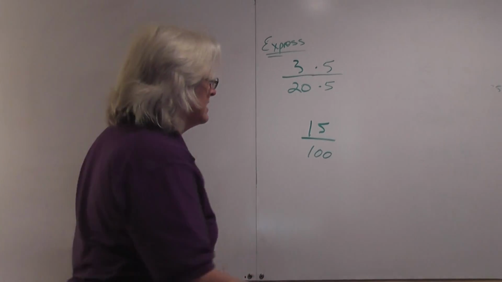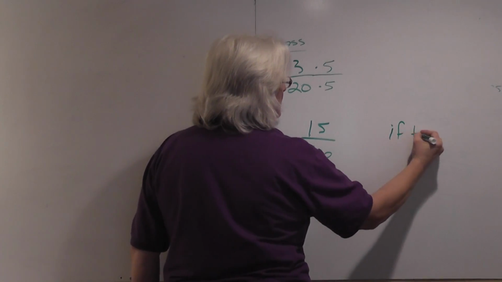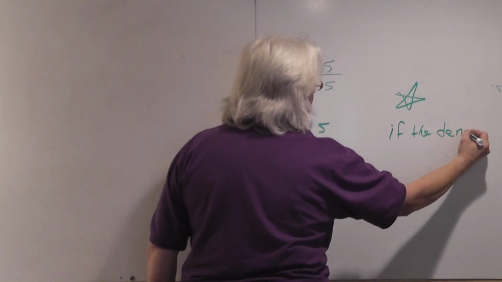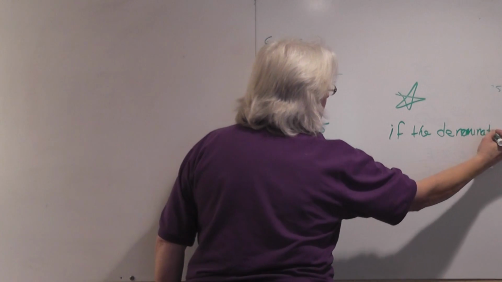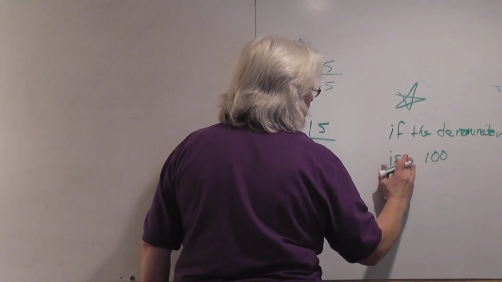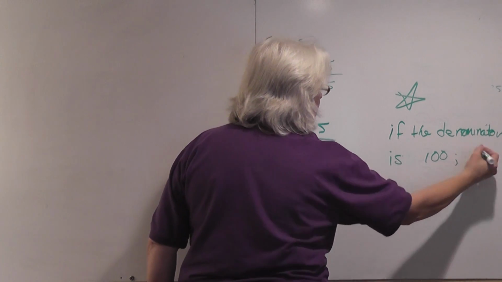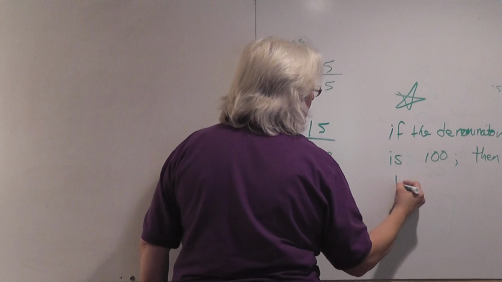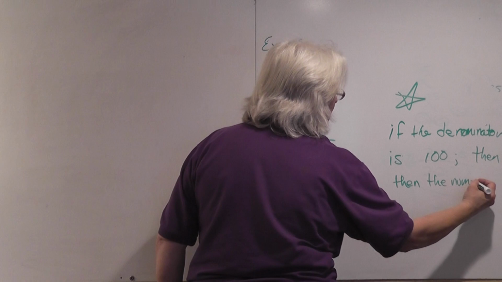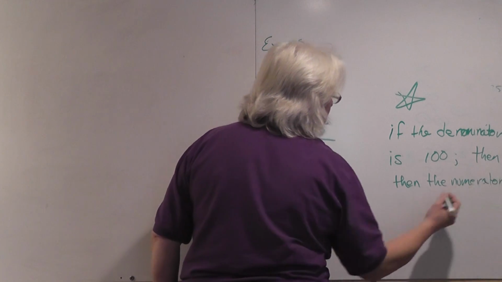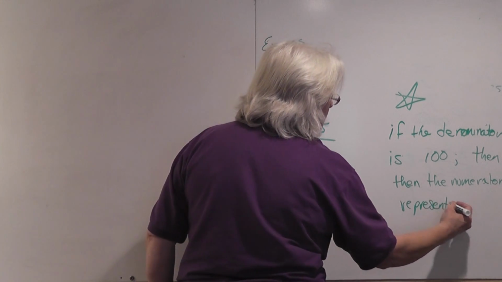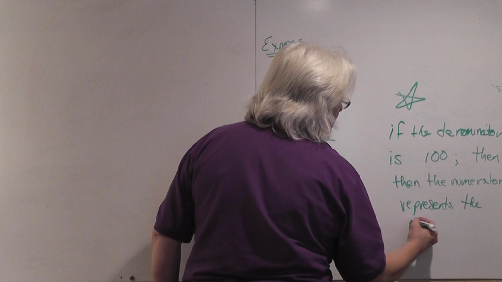But what you know is if the denominator is 100, and I'm going to put a big star here, if the denominator is 100, then the numerator represents the percentage. And I'll show you what I mean, but sometimes it helps just to have a sentence written out. Represents the percentage.